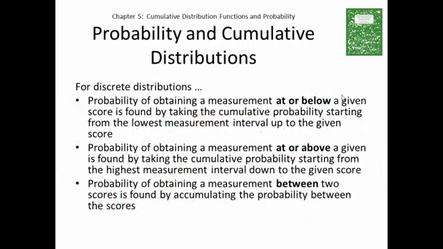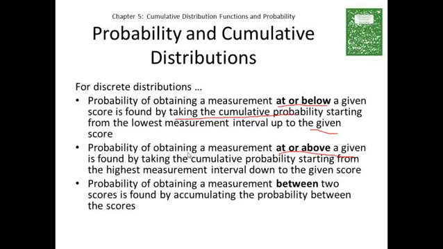For discrete distributions, the probability of obtaining a measurement at or below a given point is found simply by taking the probability from the lowest score up to the score of interest. When we're looking at the probability of obtaining a measurement at or above, we'll literally do the same thing, but in reverse.